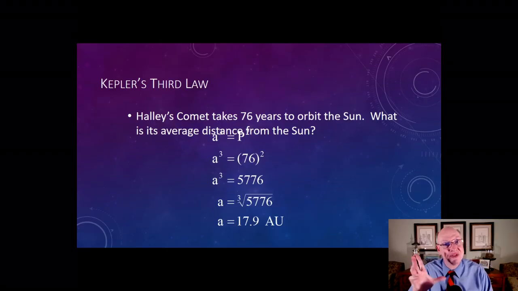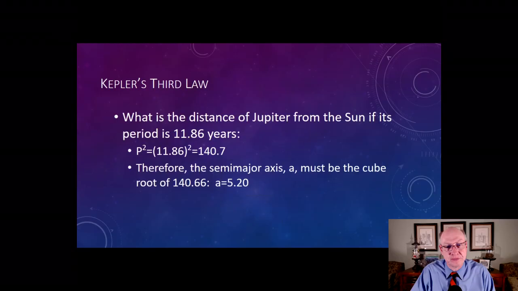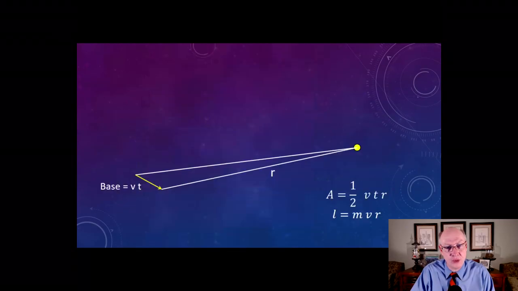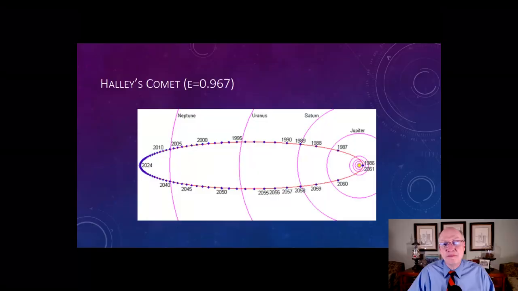Now that's half the major axis. So if we go back to the picture of Halley's Comet here, let me go back to that orbital picture, that means the semi-major axis is 17.9 astronomical units. The full major axis from one side of the ellipse to the other is double that. It's almost 36 astronomical units from side to side.